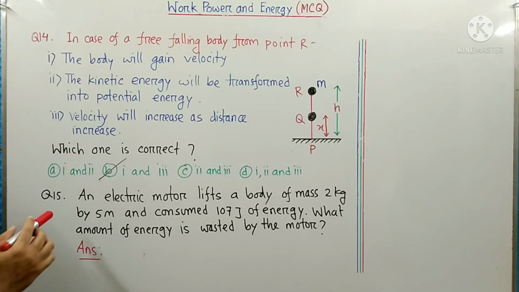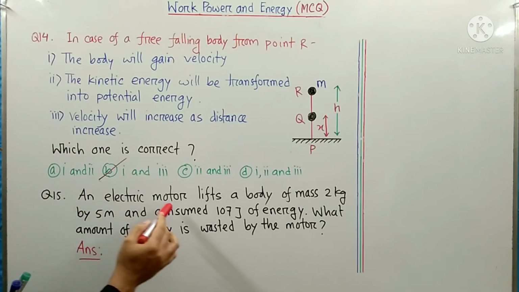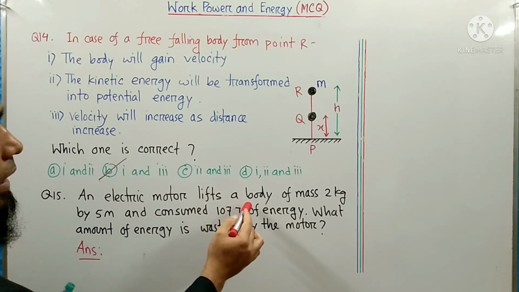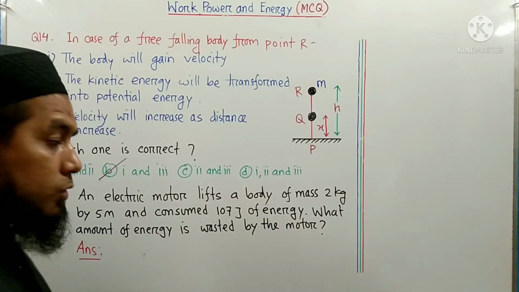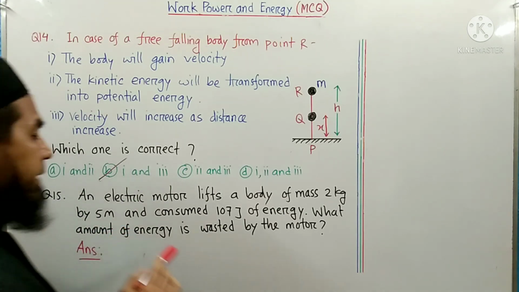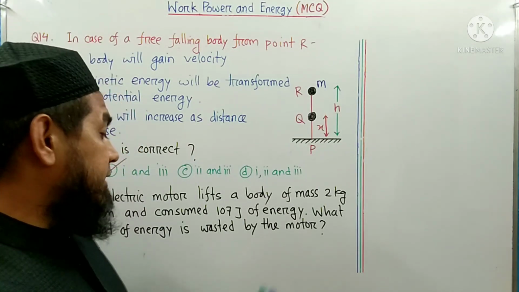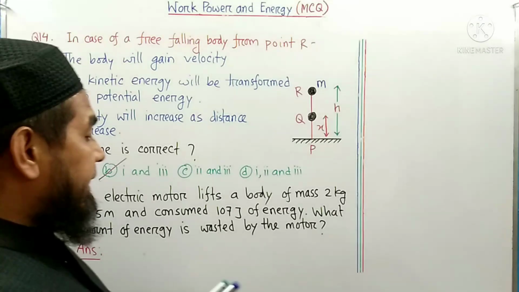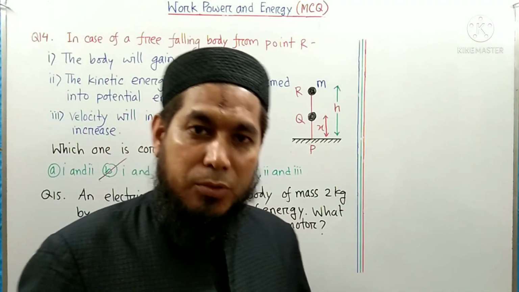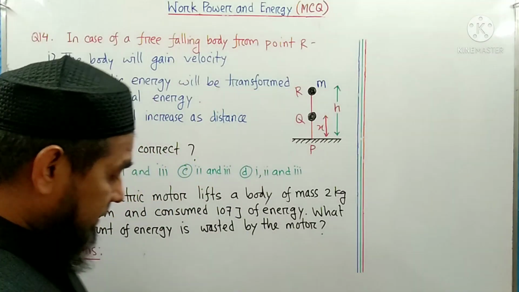Last one, question 15. An electric motor lifts a body of mass 2 kg by 5 meter and consumes 107 joule of energy. What amount of energy is wasted by the motor? Okay, this is our question.